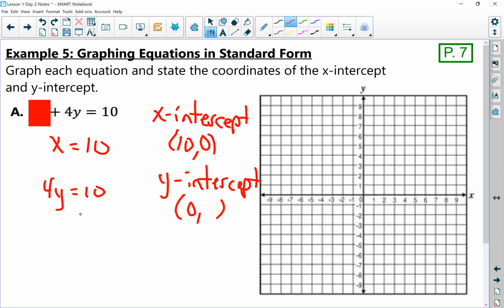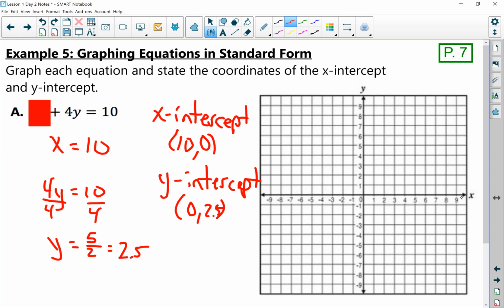If I divide by 4 and I reduce, I would get 5 over 2, which as a decimal is 2.5. And probably easier to work with the decimal, which I know is shocking to hear Mr. Gingrich say, but it is actually a little bit easier.